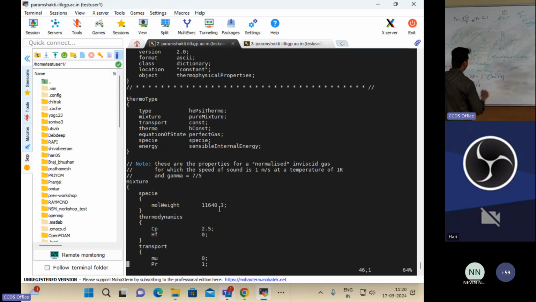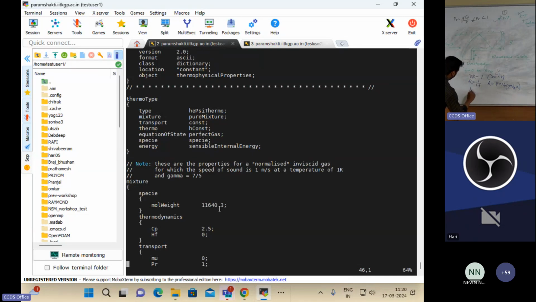So we need to set up, there is something called universal gas constant and gas constant. So universal gas constant is 8314, right? I don't remember the units. It's joule per kg Kelvin, right?